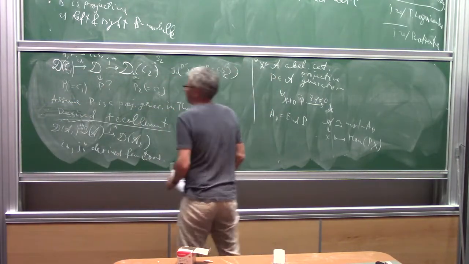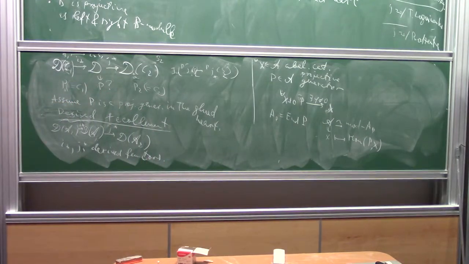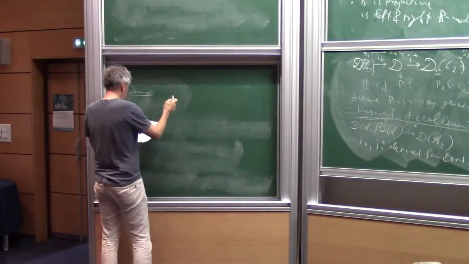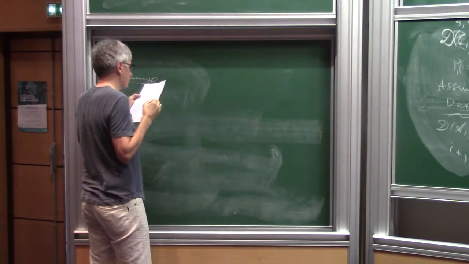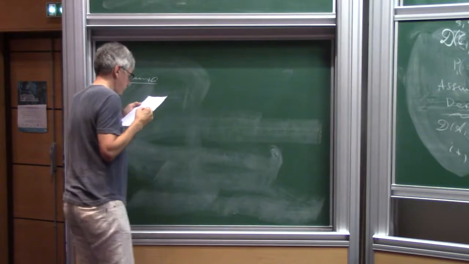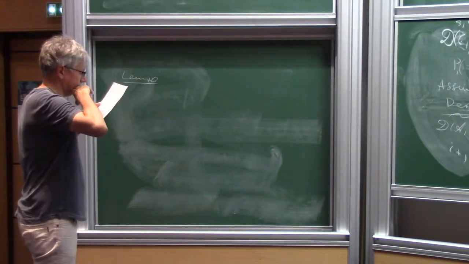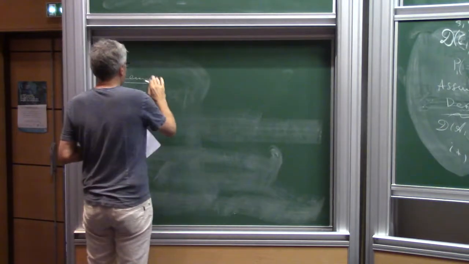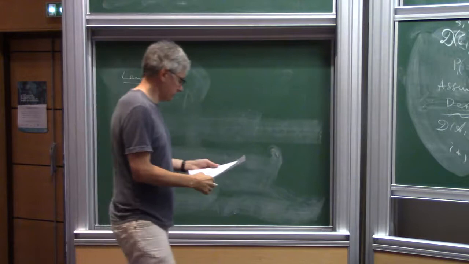Then the lemma is that, given a derived recollement and a projective generator, the first lemma just explains what kind of recollements we actually consider.